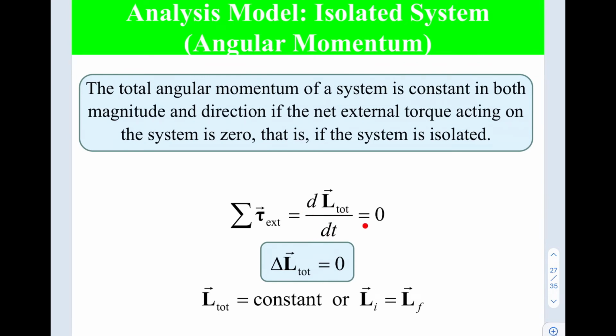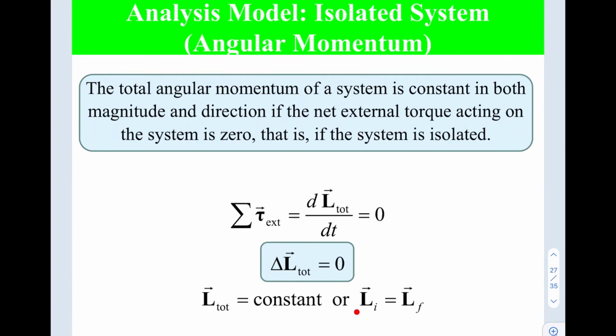So it means that if we want to have dL total over dt equivalent to 0, the one that is going to be 0 is actually the sum of the torque external. Then delta L total will be equivalent to 0, where we can have the rearrangement.